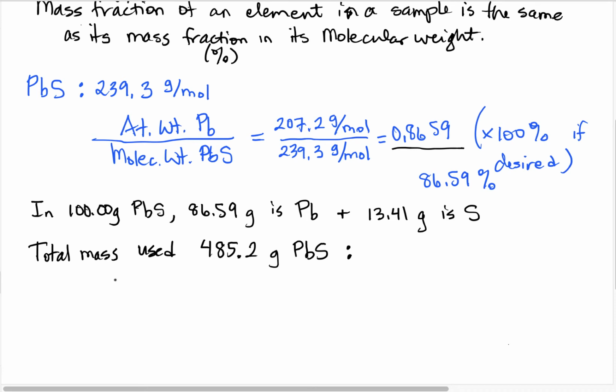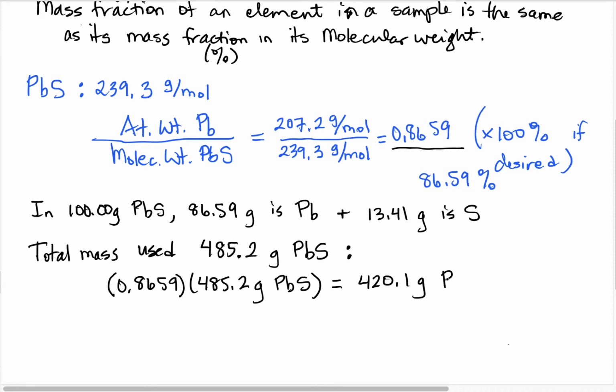All right, hopefully you already figured this out. If you're doing this calculation, you're going to take 0.8659 times the total mass of 485.2 grams of lead sulfide. And I got 420.1 grams would be lead atoms. And then 0.1341 times 485.2 grams will get me the sulfur grams.